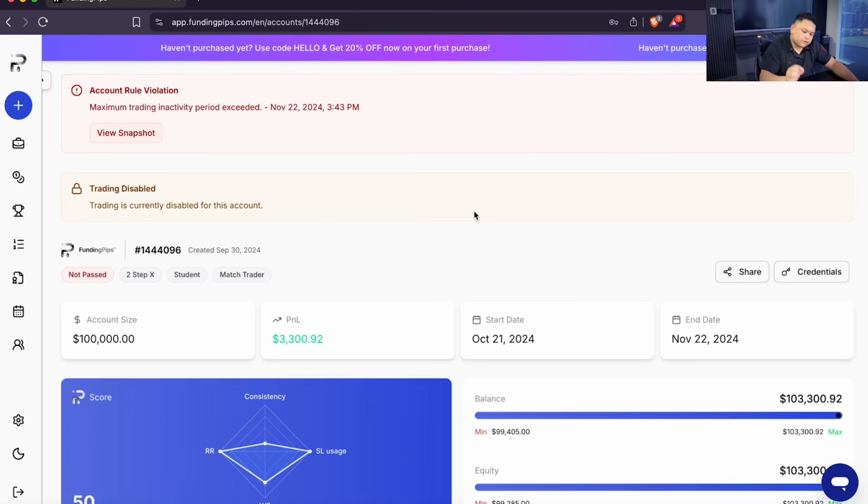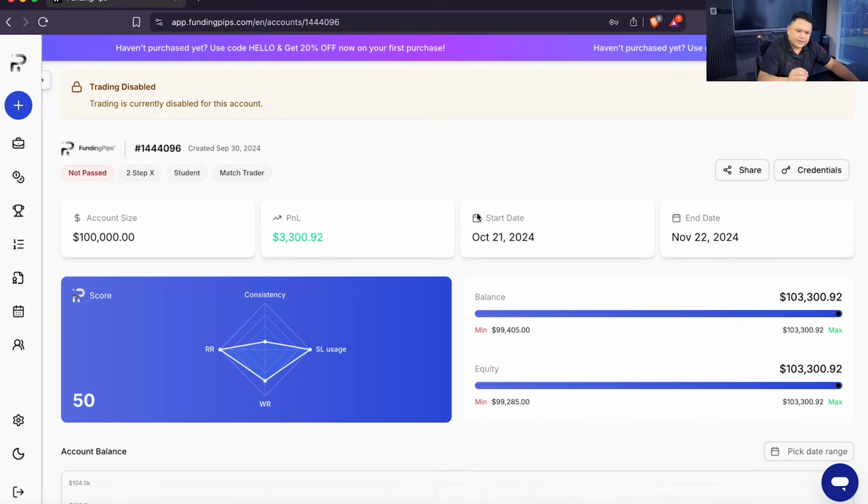There's one major feature here that is like your coach, like your assistant, and that's our FP score. The best way to describe this is it's like a report card, but it doesn't just measure your final grade.